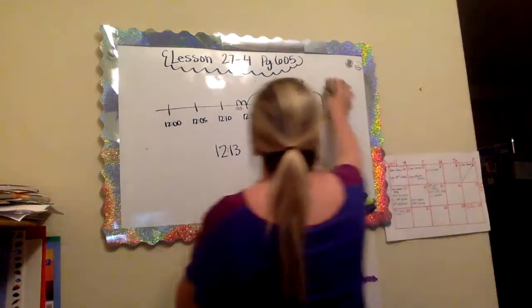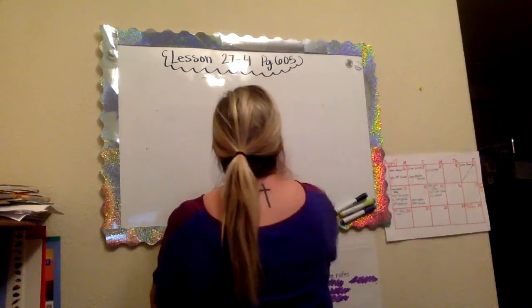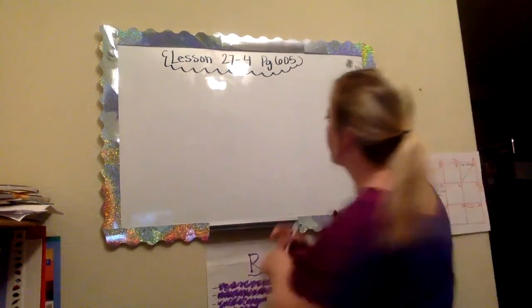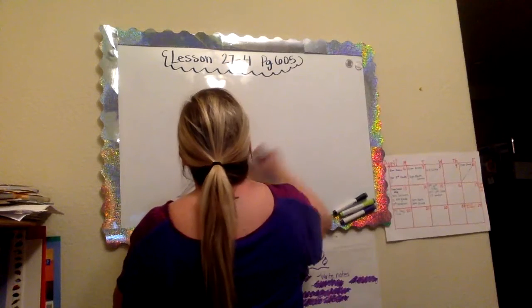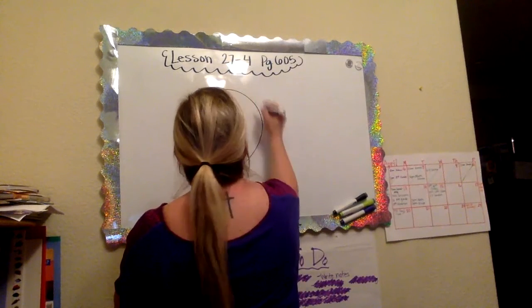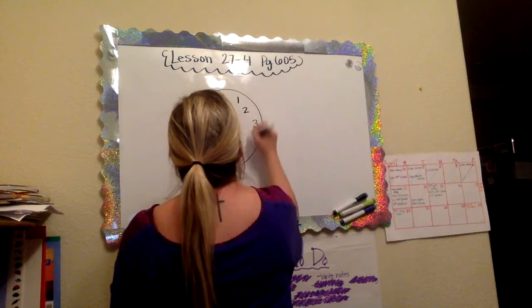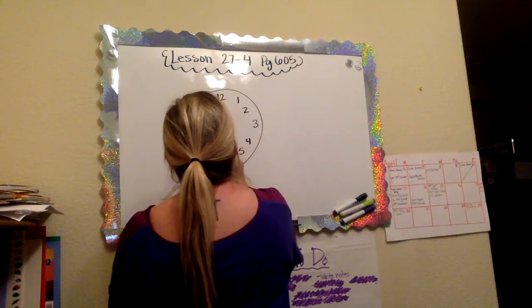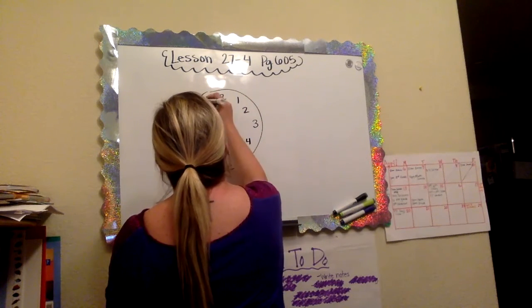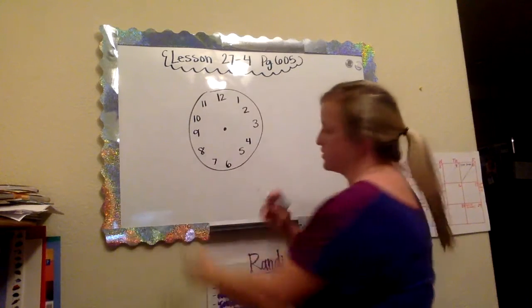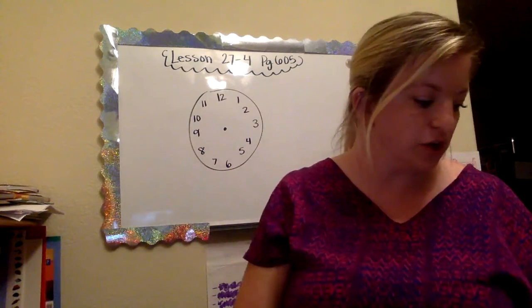So again, 11:35 a.m. And then we're going to jump back. 12, 3, 6, and 9. 1, 2, 4, 5, 7, 8, 10, 11. And then you put a dot in the center for your hands on the face of your clock.